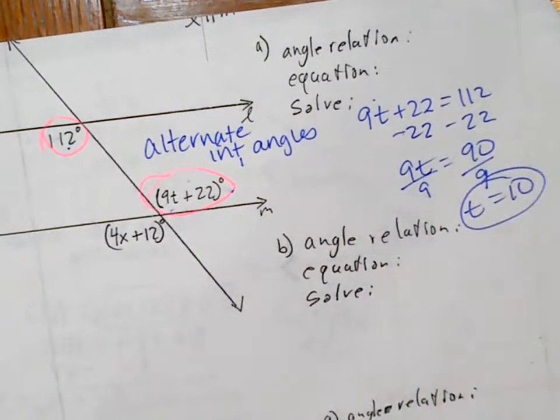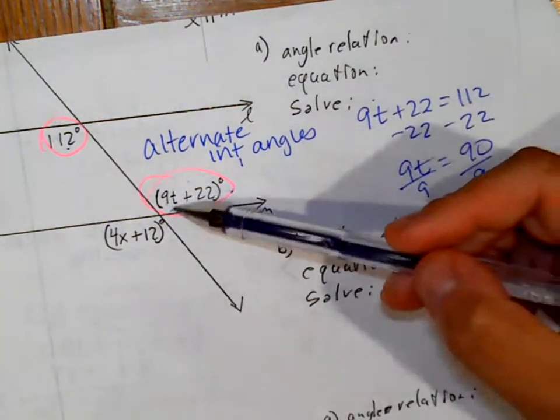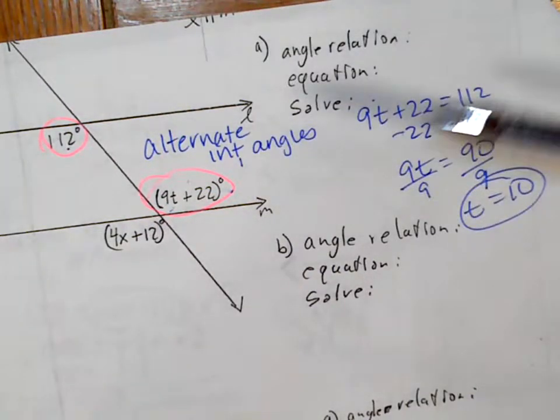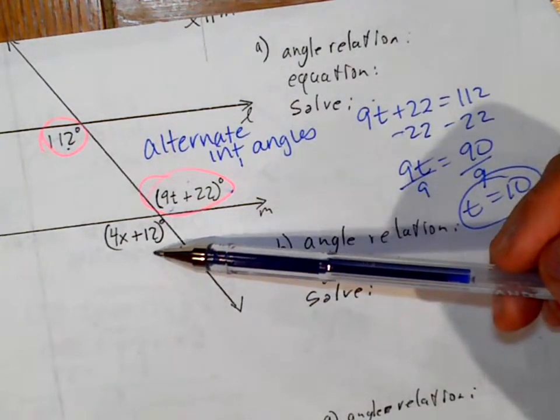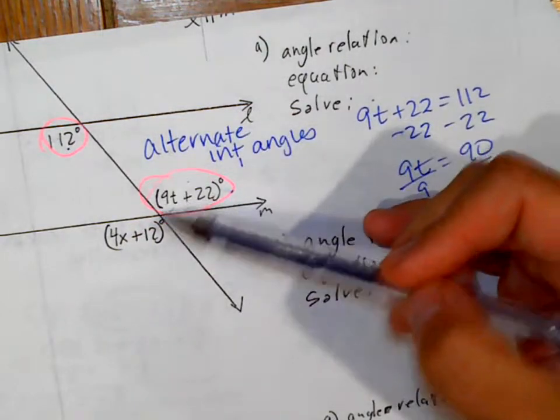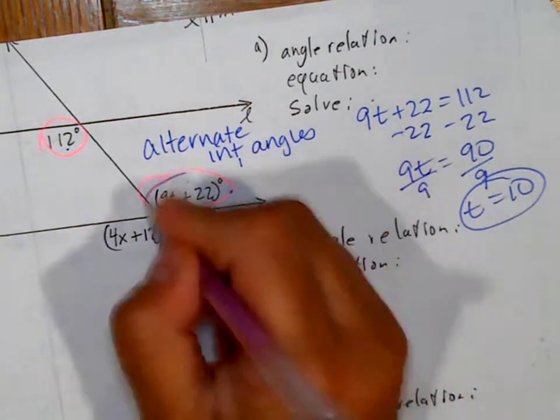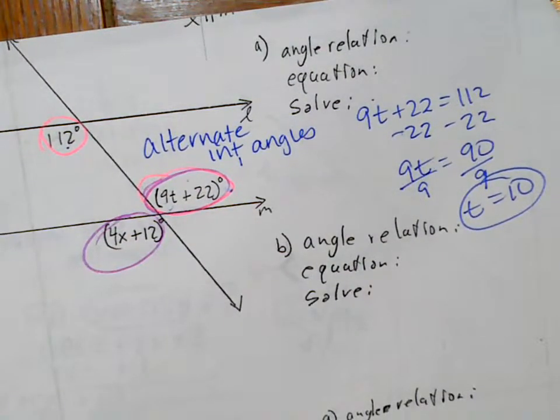All right. It just asked me to solve. I didn't have to find this one. I didn't have to do anything with it. You have other ways that you can go about doing this. So there's more than one answer. If I were to do these two, let me get a different colored pen here. Jacked all my kids' pens tonight. All right. This guy and this guy right here, they're vertical angles.